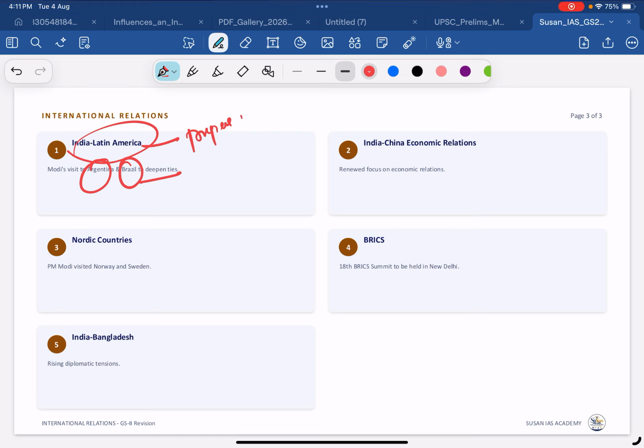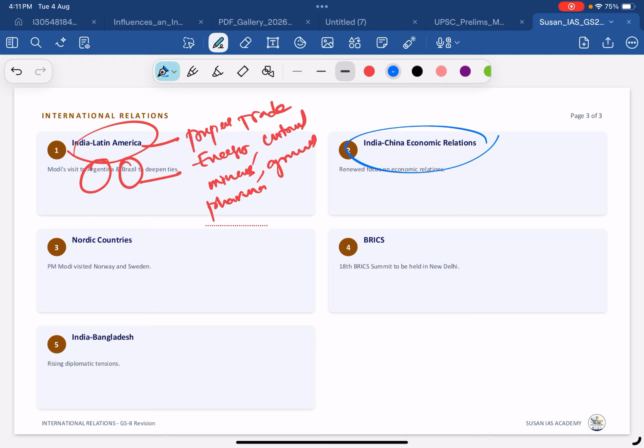Prepare trade with respect to Argentina and Brazil, or any Latin American countries, or prepare Latin America as a whole: trade, energy, critical minerals, agriculture, pharma. Okay, right.